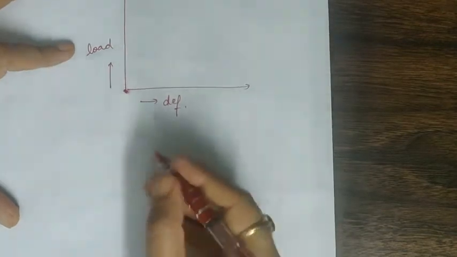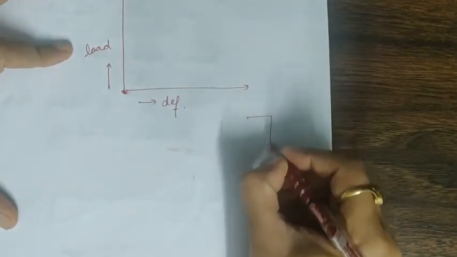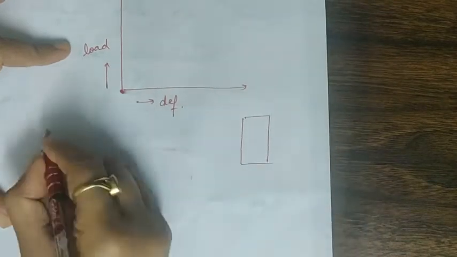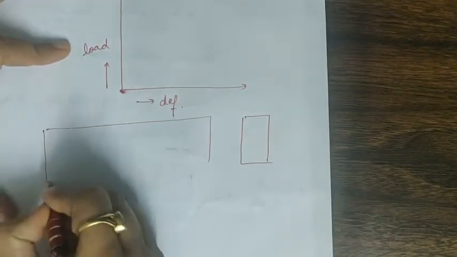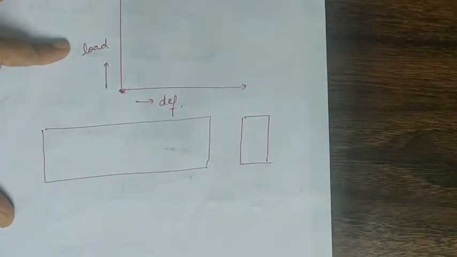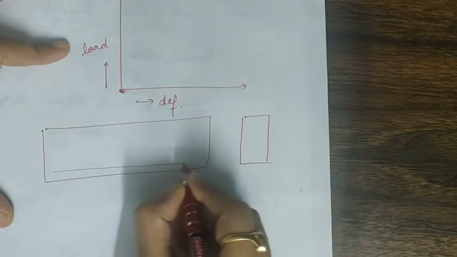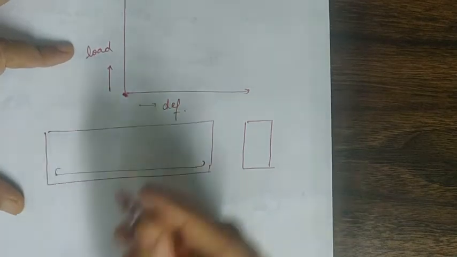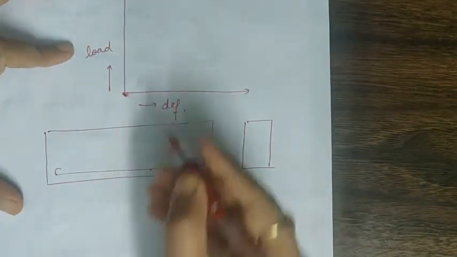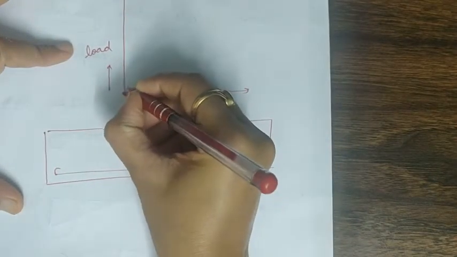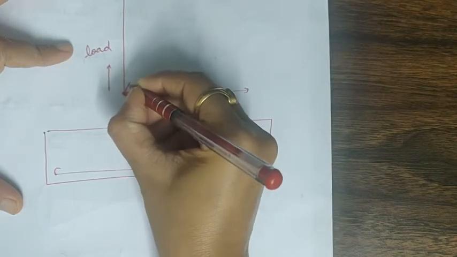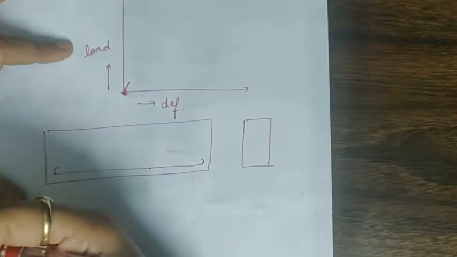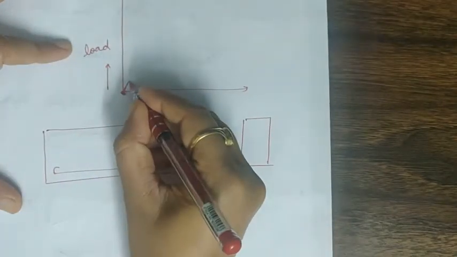If I am having a cross section of the beam, but I am not providing any flexural reinforcement, that is, I am simply having a concrete section, not providing these longitudinal reinforcements, what will happen? The beam will start taking load, then suddenly, with just a small deflection, because concrete is brittle, it will fail at this point.